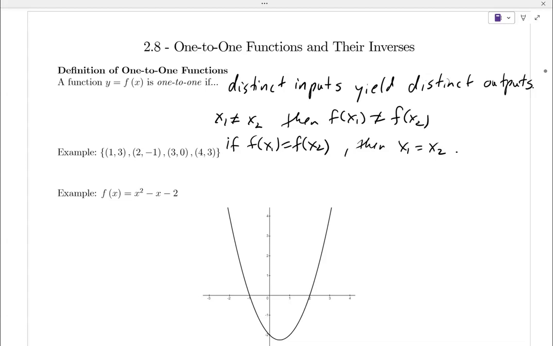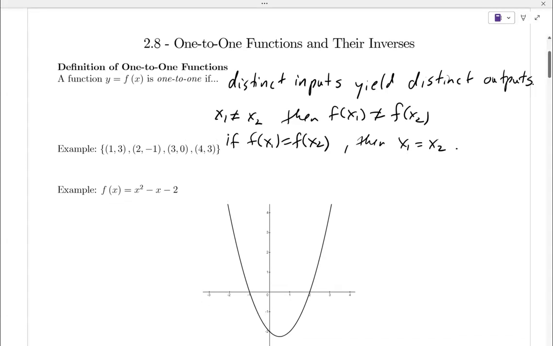We flipped which is the consequence and which is the hypothesis, if you will. We flipped the second statement and the first statement around, and then we negated each of them. That's what we mean by contrapositive. Logically, they say the exact same thing.